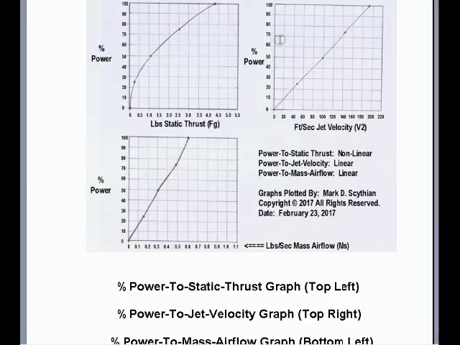So if we trace that 66%, we're looking at approximately 130 feet per second jet velocity and approximately 0.43 pounds per second mass airflow at 50%.